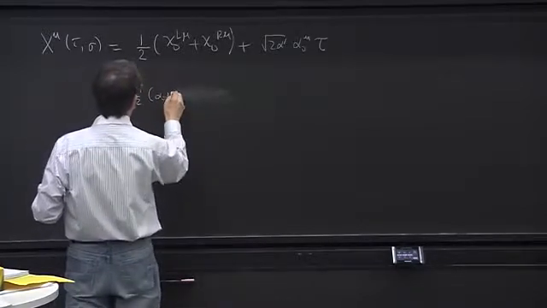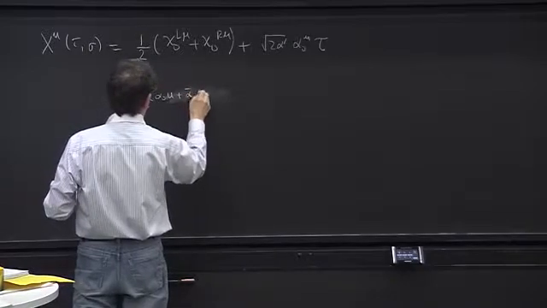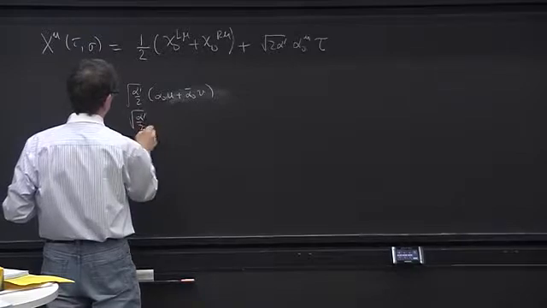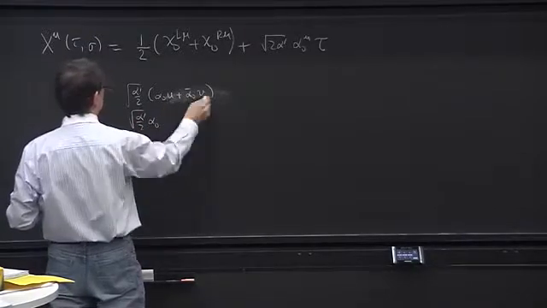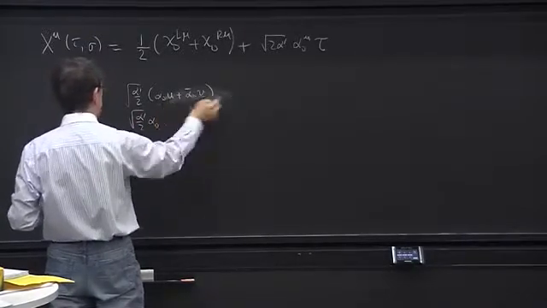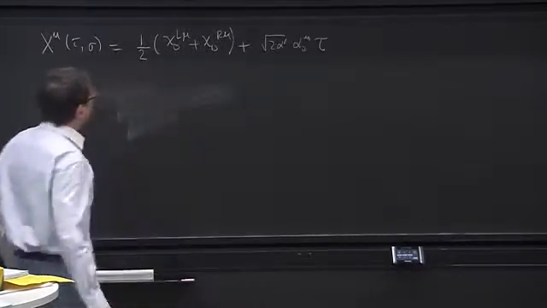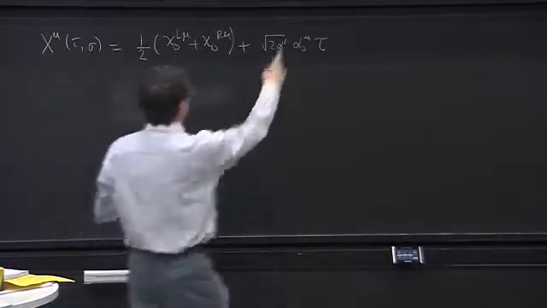It's alpha 0 u plus alpha 0 bar v, which is square root of alpha prime over 2 alpha 0. And you factor it because it's the same, and u plus v is 2 tau, so it's correct. No problem. Okay, false alarm.